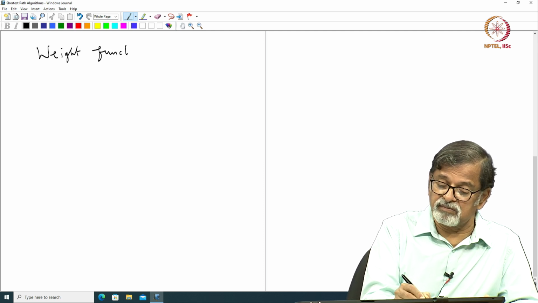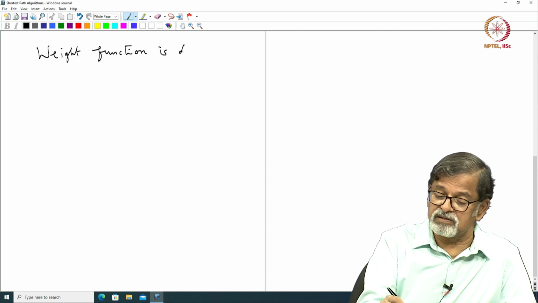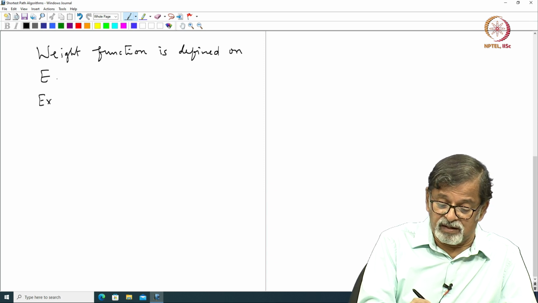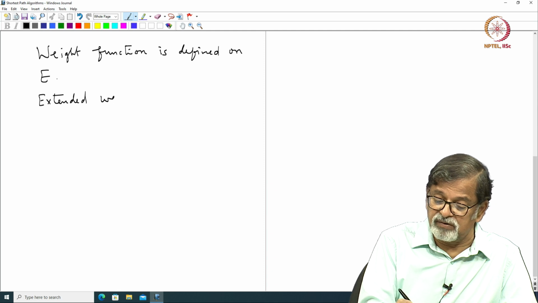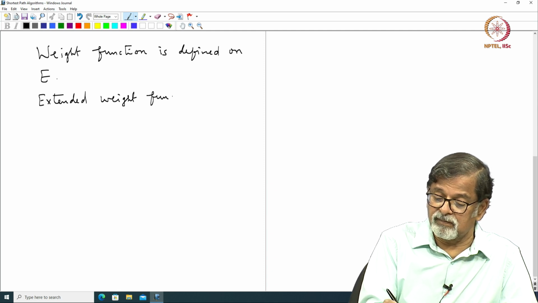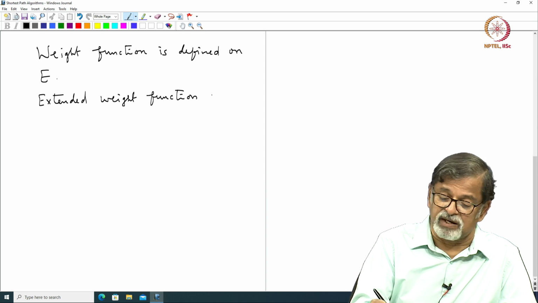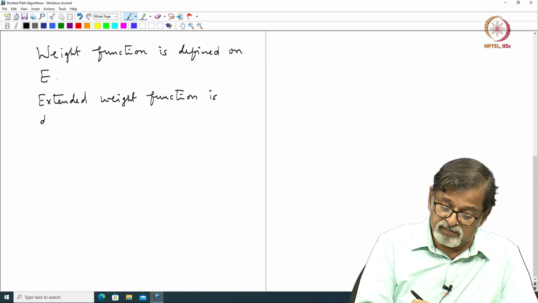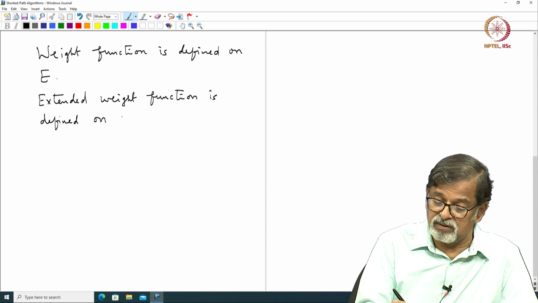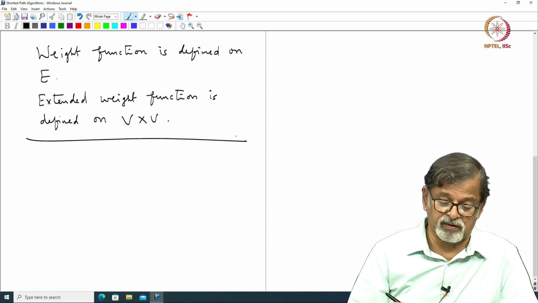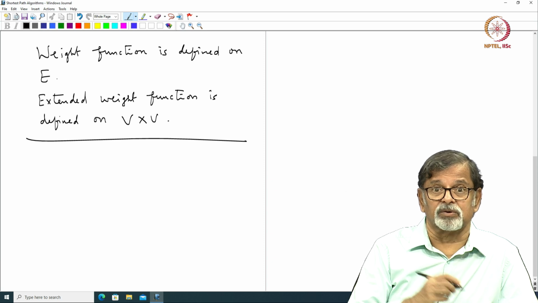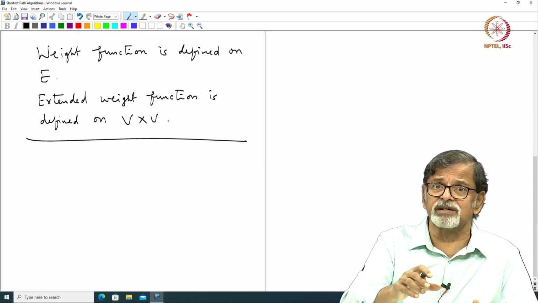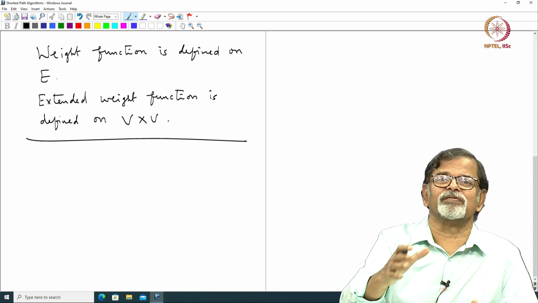The weight function is defined on the edge set E. For the extended weight function, we use the same notation W. The extended weight function is defined on V cross V. If a pair is in E, we call that pair an edge, and the weight will be a finite integer.